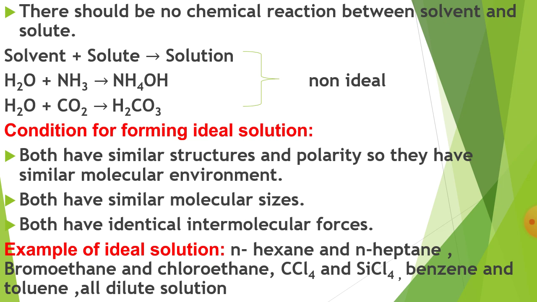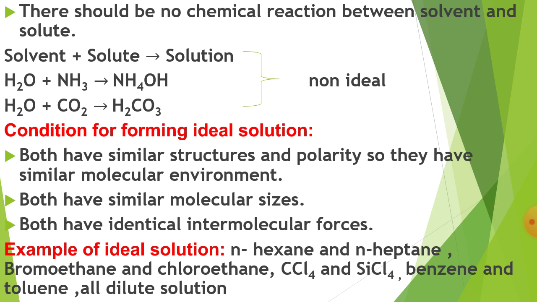Now, the conditions for forming an ideal solution. By knowing these conditions, if some examples are given to you, you can properly understand whether the given components form an ideal solution or a non-ideal solution.